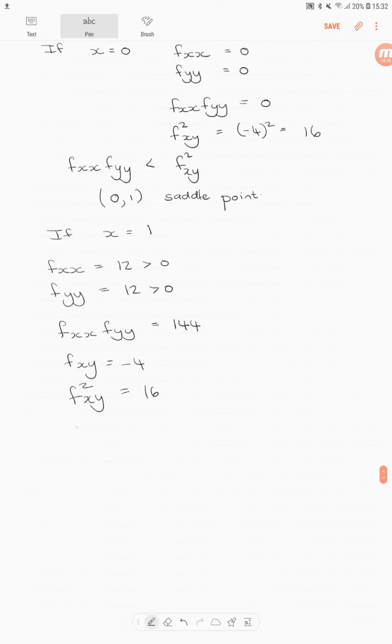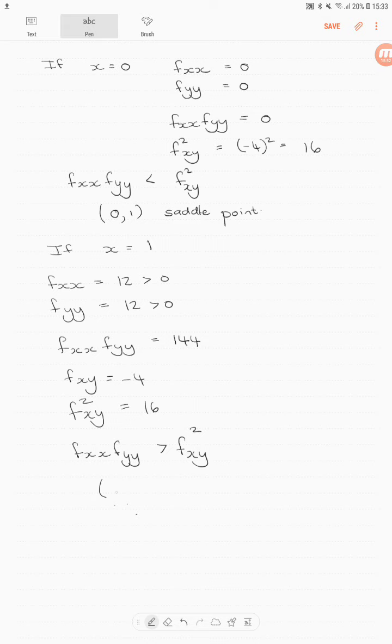In this case, fxx fyy is larger than fxy squared, and that means the point 1, 1 is a minimum.